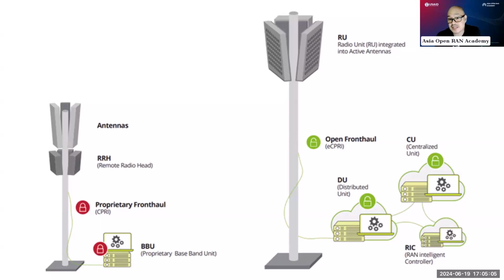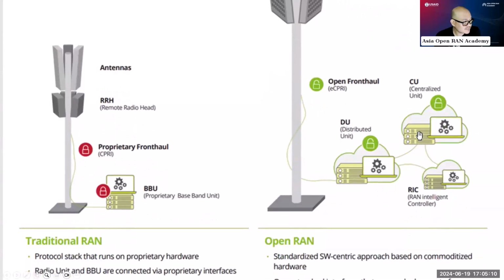That's something like a baseband unit as well. So you will see here what happened to the physical components. The baseband unit has been separated into the DU and the CU.